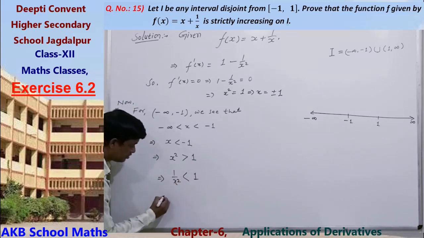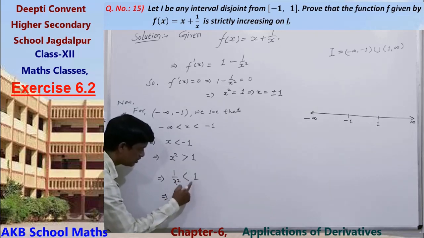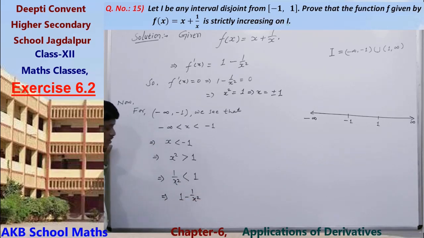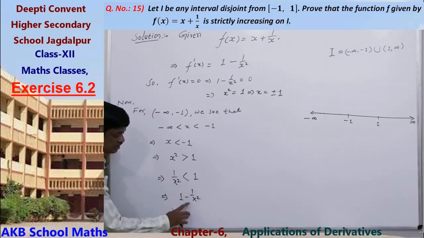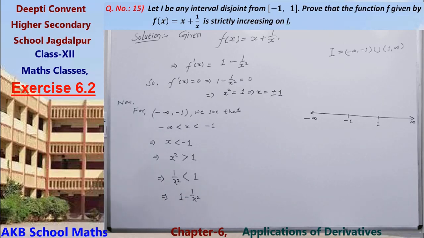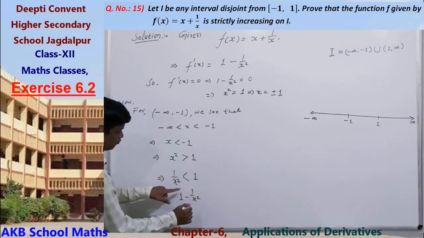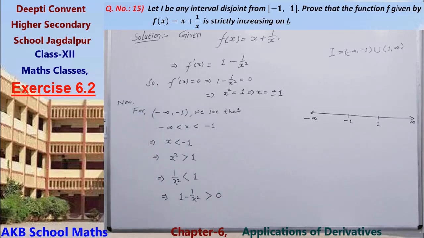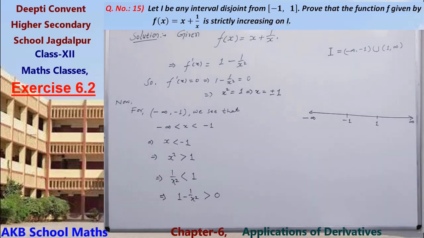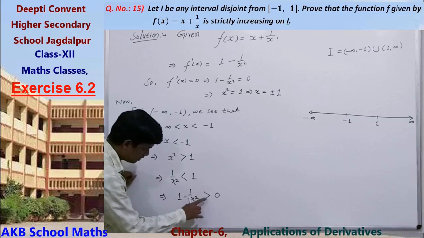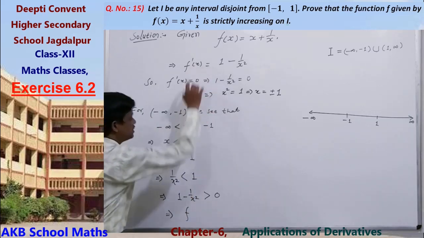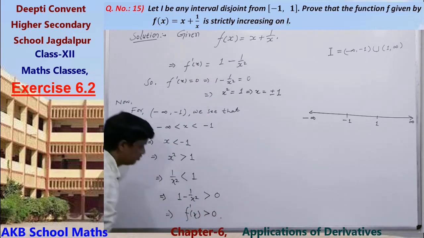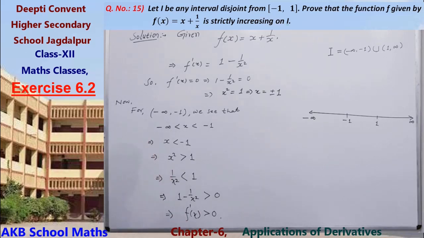Clear? So this implies 1 - 1/x² > 0, which is f'(x). So f'(x) > 0, and a derivative greater than 0 means the function is increasing in this interval.